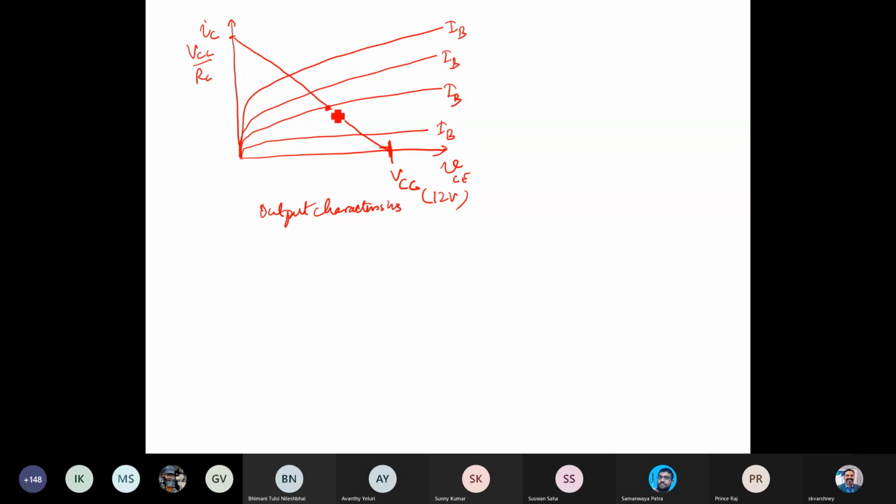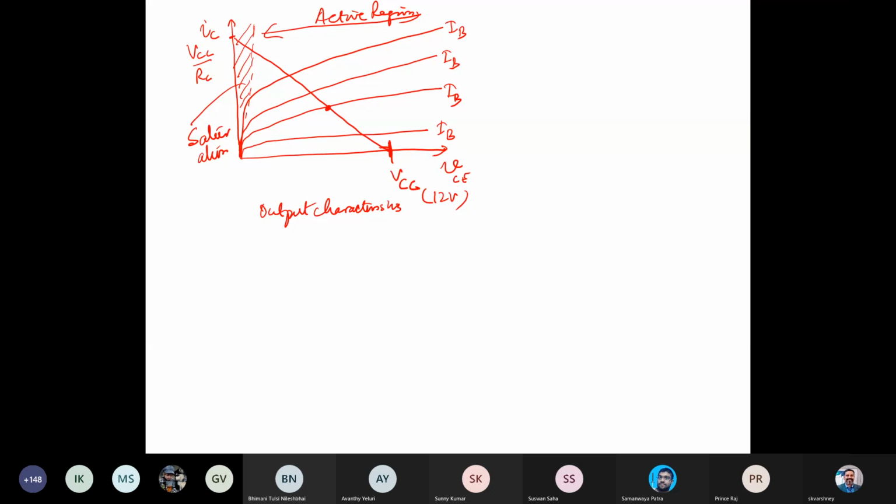So the key point suitably located means, and the reason actually, this region is the saturation region. And this region where you need to operate the device is the active region. So for the BJT to provide gain to the signal, one has to be in the active region.